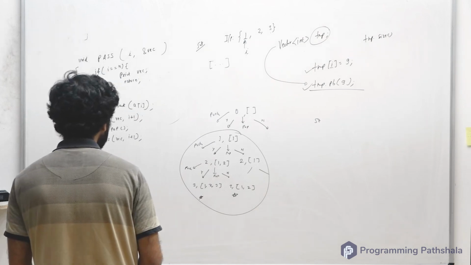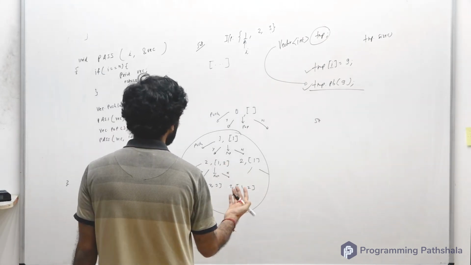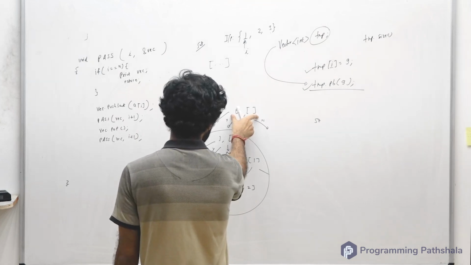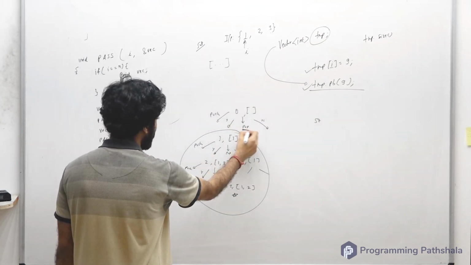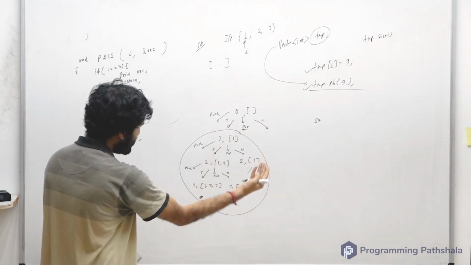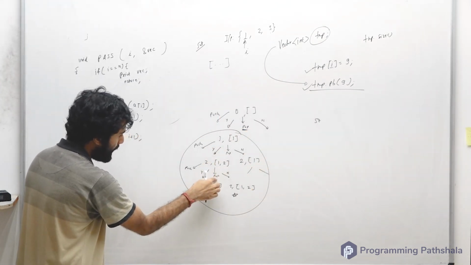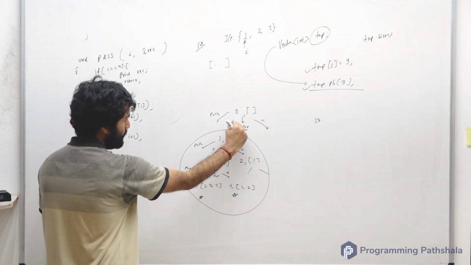So when you are over here, you make a call for push, and then you recurse, and then you perform a pop, and this pop will happen when this entire thing is over. So the pop of last level will happen first, and then the level above it, and then the level above it.